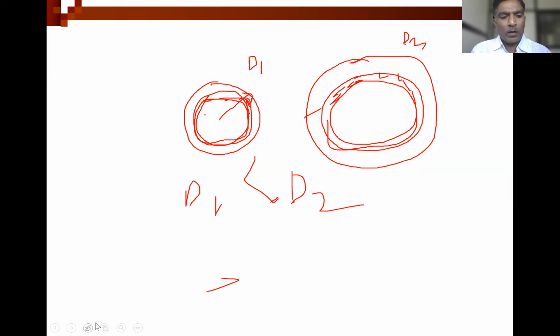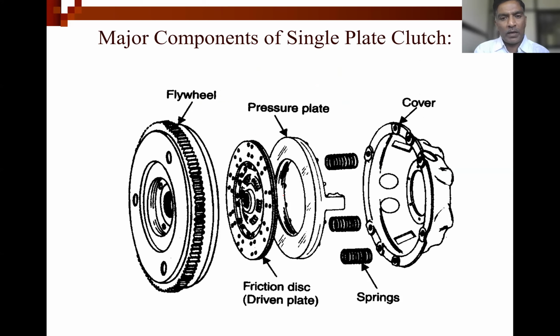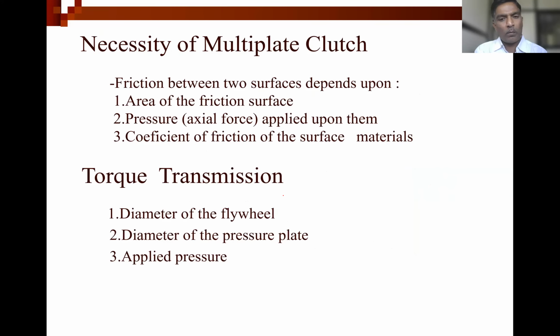So nowadays, as our aim is to design a compact clutch, then with a compact or small clutch, it is not possible to have large torque transmission or more torque transmission.